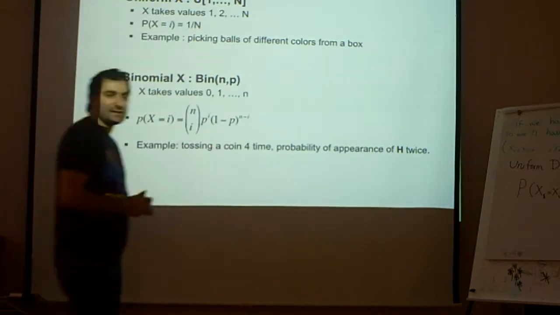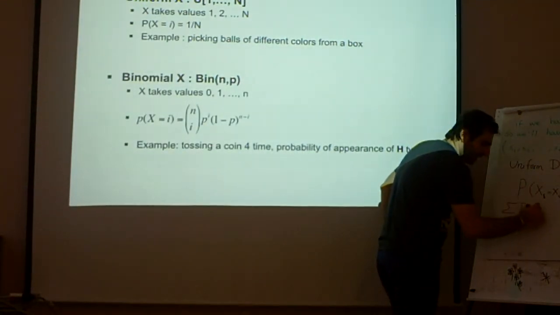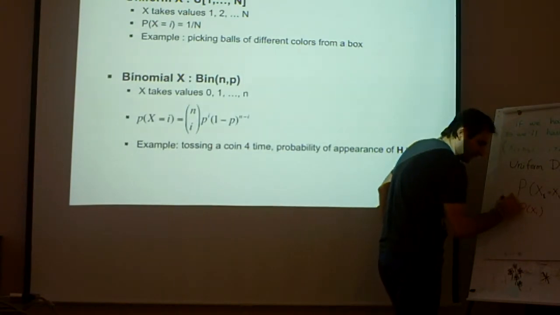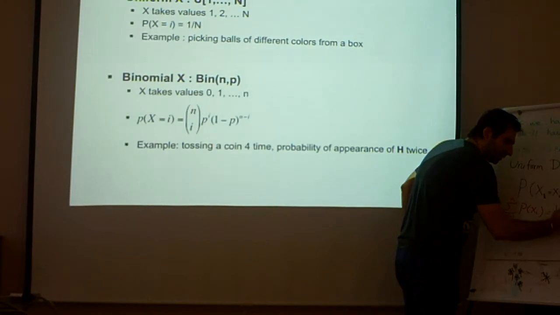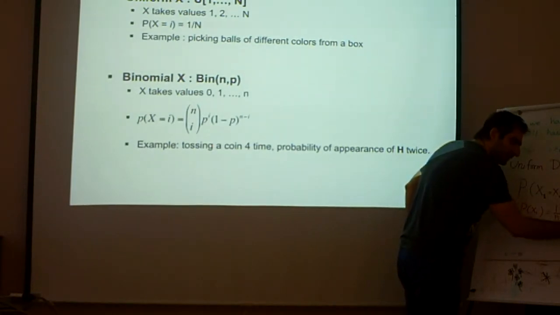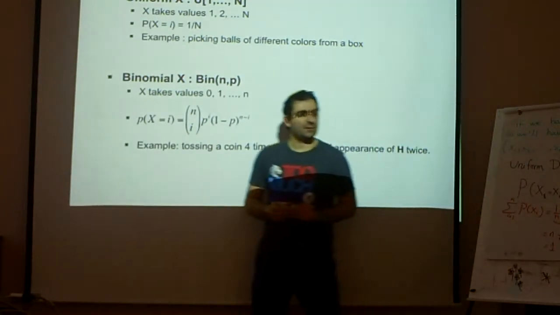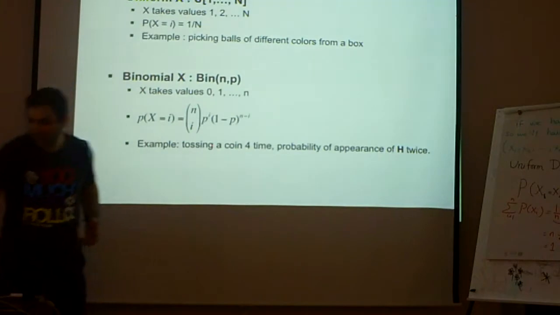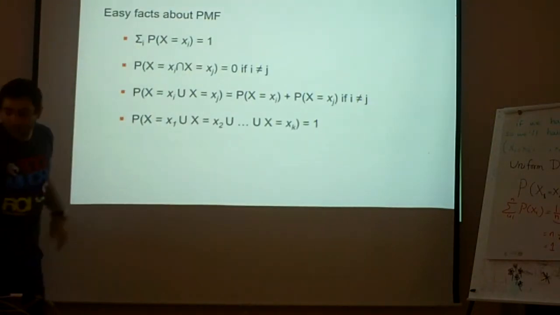So it's easy to see that the summation of p of xi, i starting from 1 to n, is like the summation of 1/n plus 1/n plus 1/n. How many times? n times. So it is equal to n multiplied by 1/n, which is equal to 1. And we knew that, based on the definition of the PMF, the summation of all the probabilities is equal to 1.